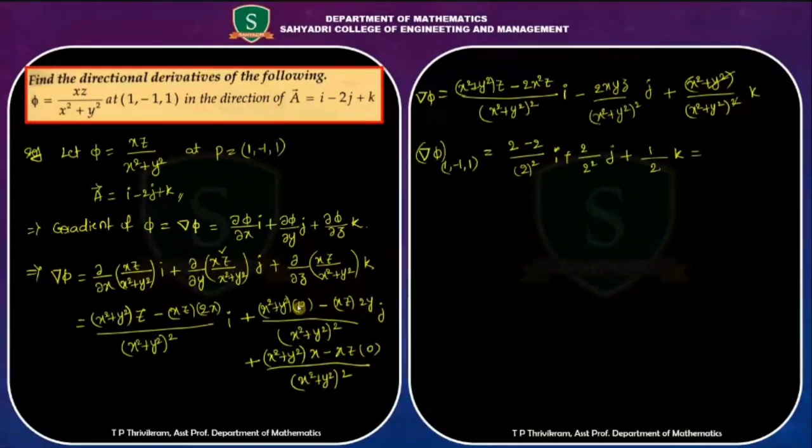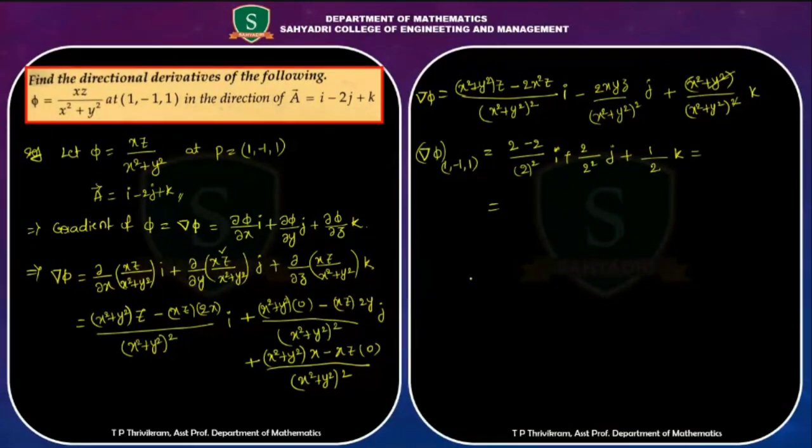One by two j plus 1 by 2k. So this one is equal to 1 minus 1. Here 1, xz, so 1 square.